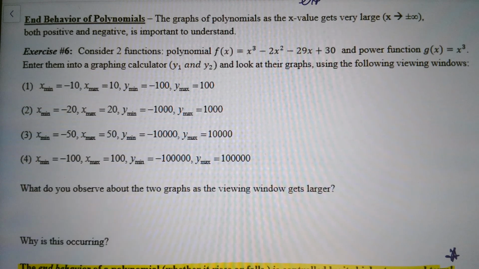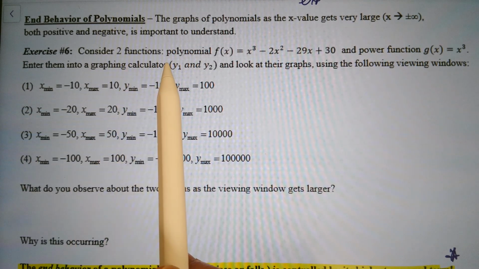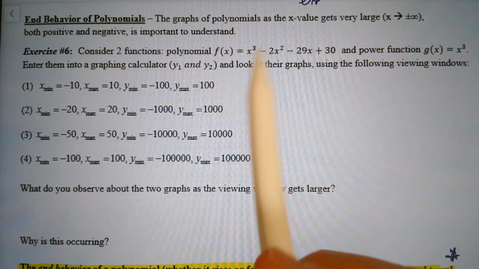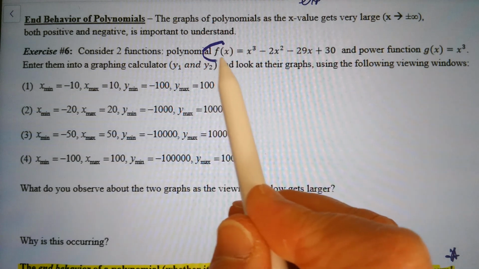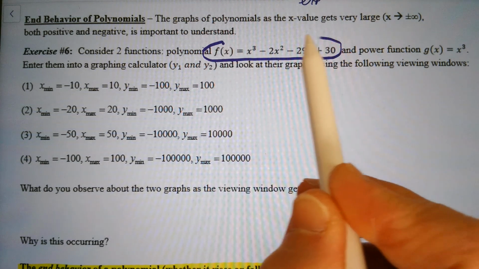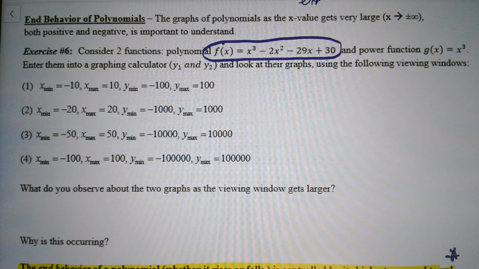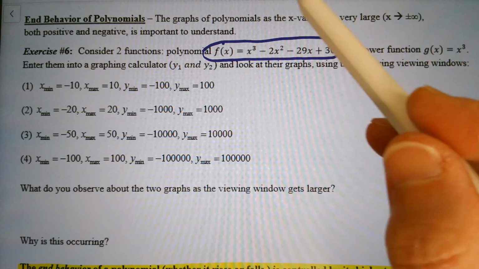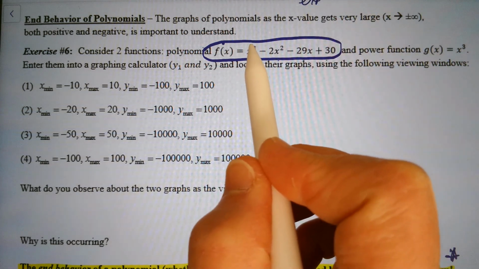So in exercise number 6, when it says consider the polynomial function f of x equals x cubed minus 2x squared minus 29x plus 3, you find the highest powered term, which is this.